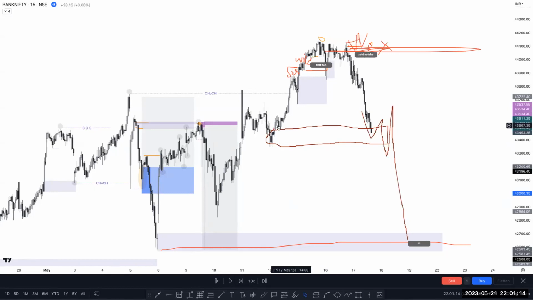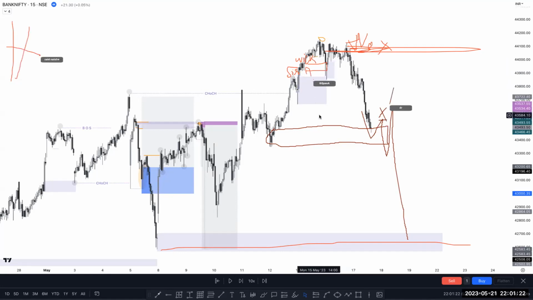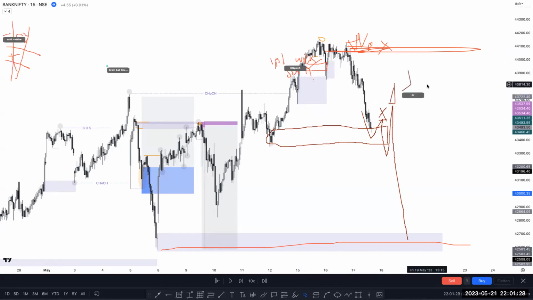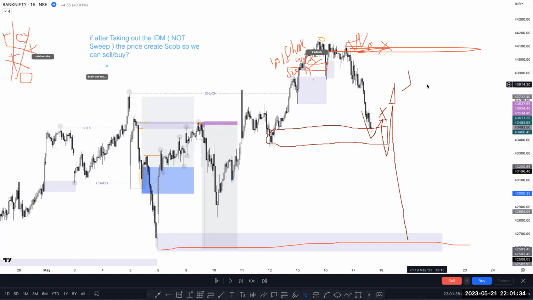No, sir, you don't need to buy here because this one is our inducement and this one is our mitigation. Sorry, order block. Tap here, give reaction and failed. We check, sir.